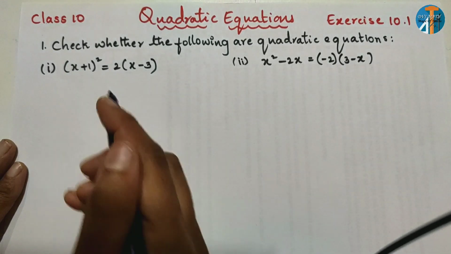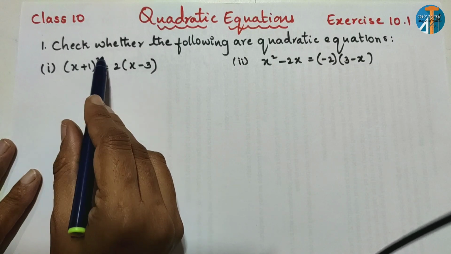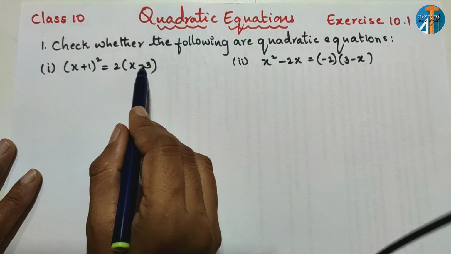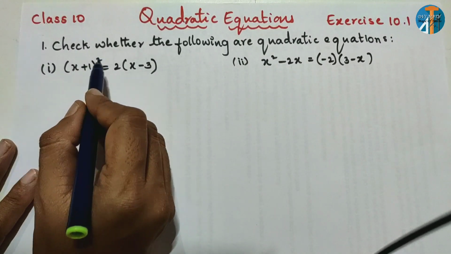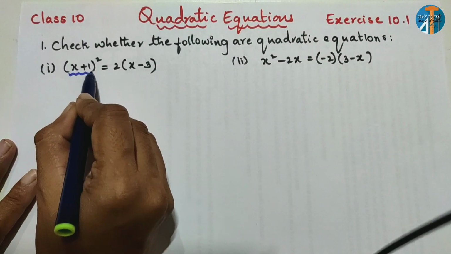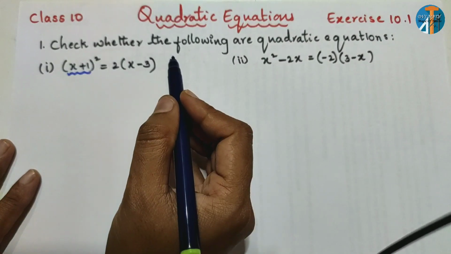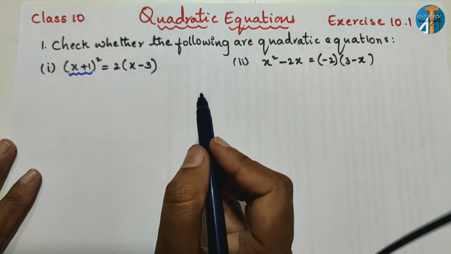Observe here, first sub-question: x plus 1 whole square is equal to 2 into x minus 3. This is like a plus b whole square, right? I am not writing any reasons, just observe, this is like a plus b whole square, which is a square plus b square plus 2ab.